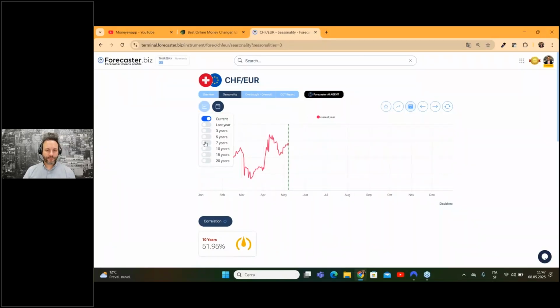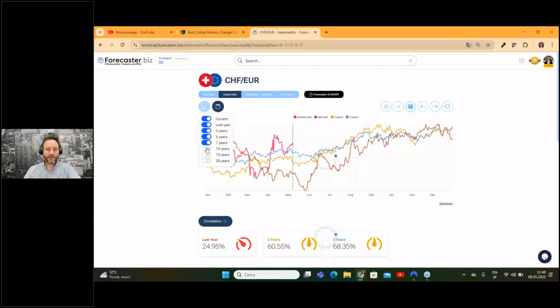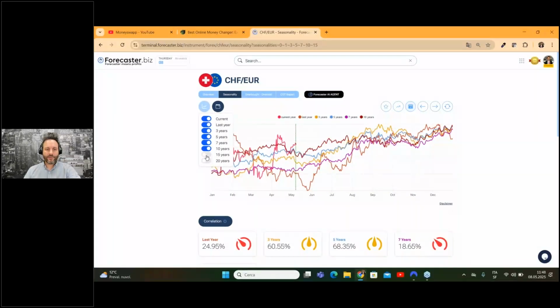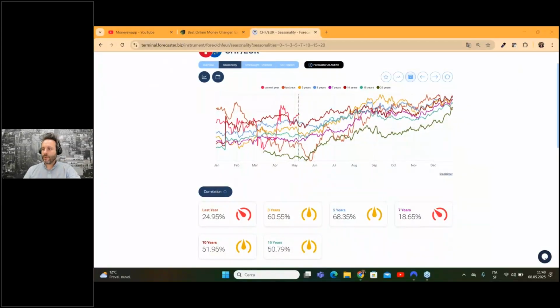Right now we have only the current price, which is what is happening in the market. We can also plot last year, the 3-year, 5-year, 7-year, 10-year, 15, and 20. What is very interesting right now is that the correlation between the current year and all this seasonality is very low. It means that this year prices for the Swiss franc are not moving like they did in the past.